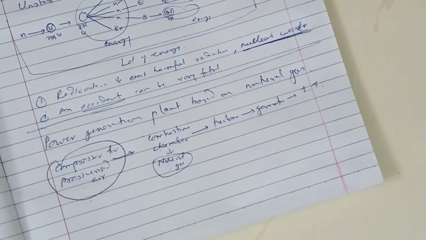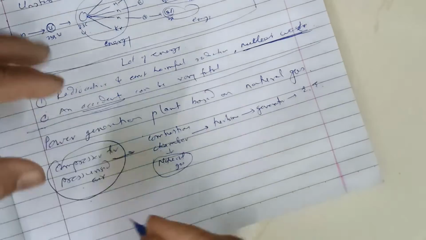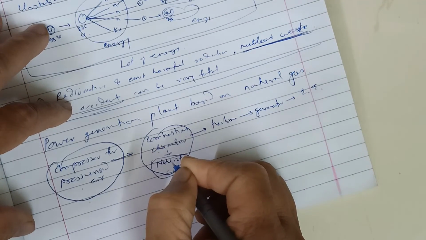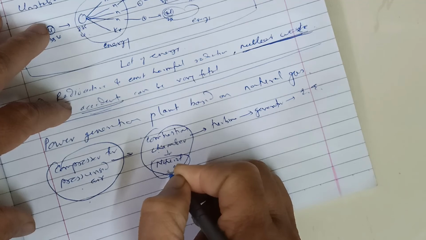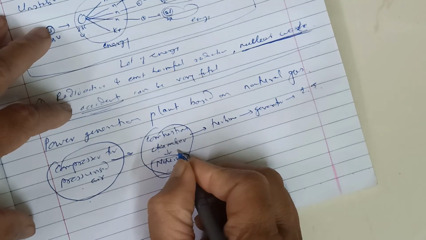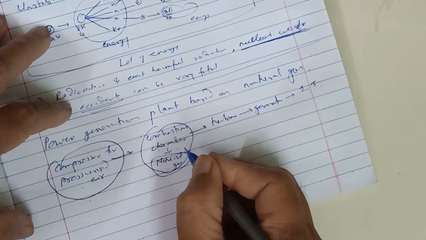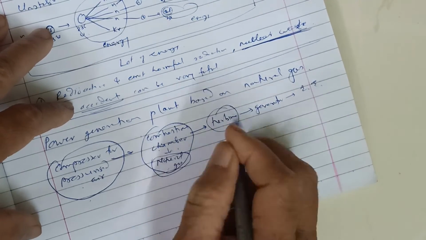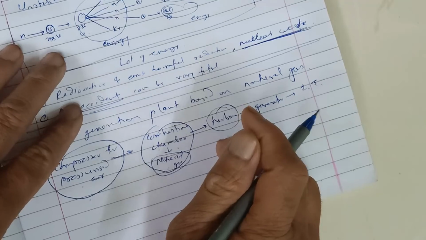Okay, so that is the important chamber. Then the combustion chamber is also important. There the natural gas burns in the presence of air, and in this combustion chamber at a very high temperature and pressure, the turbine runs. So these are the three main sections in this type.